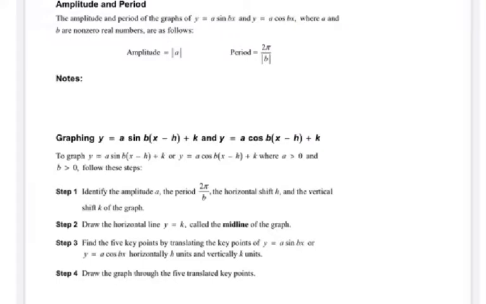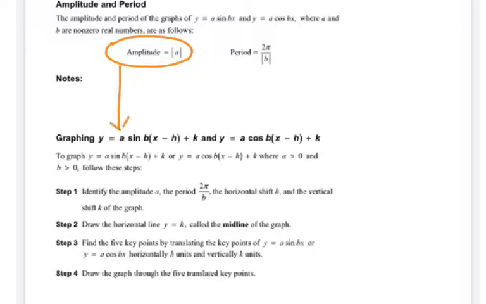So the parts of a sine function can be identified simply by looking at the equation. A basic sine wave can be multiplied to go higher and lower by the amplitude. And that's going to be the number that is in front of the sine.